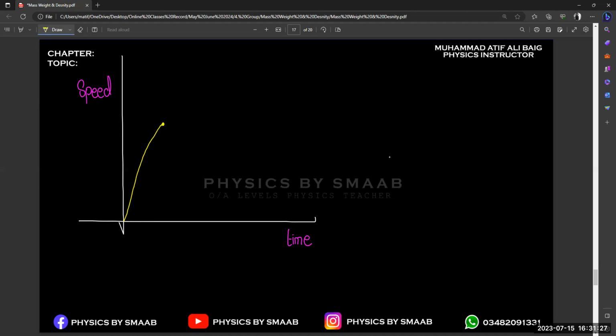Isn't that decreasing? No, it is non-uniformly increasing, because speed is on the y-axis, so we are continuously moving in an upward direction. Isn't it supposed to be like this?